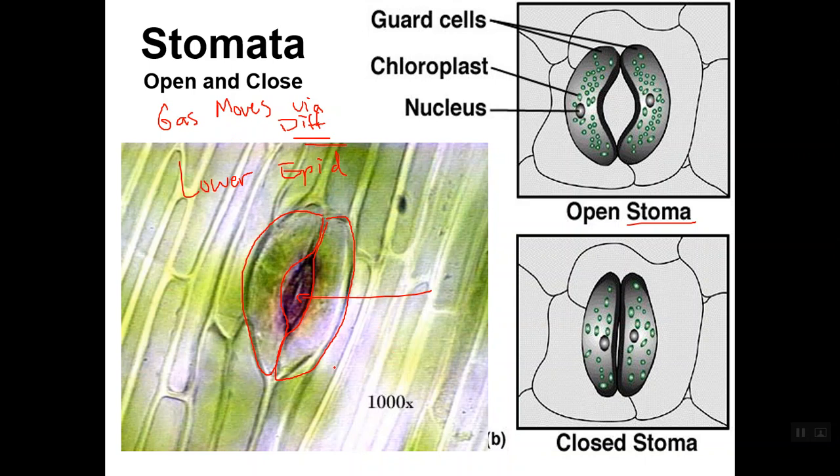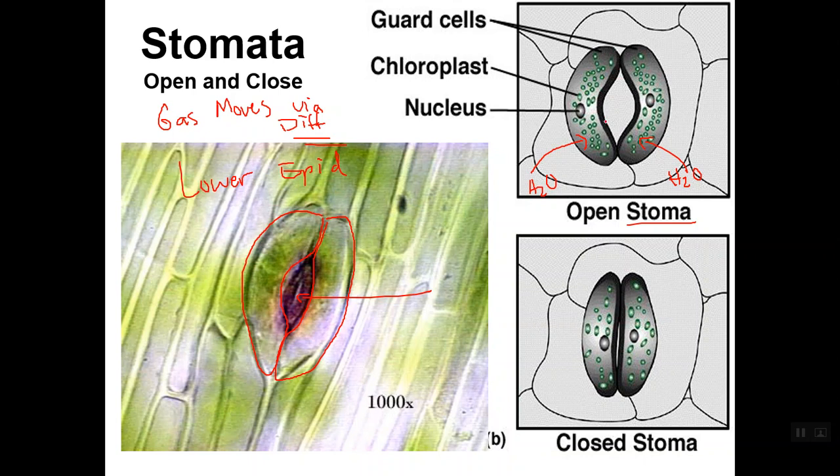And here's how the plant opens and closes the stomata. When the stomata is open, the guard cells are full of water. So for an open stomata, water is moving into the guard cells. That causes them to swell and buckle open because the cell wall is a little bit thicker on the inside.